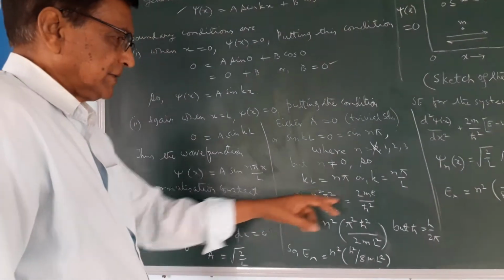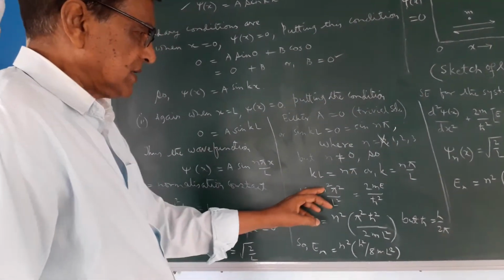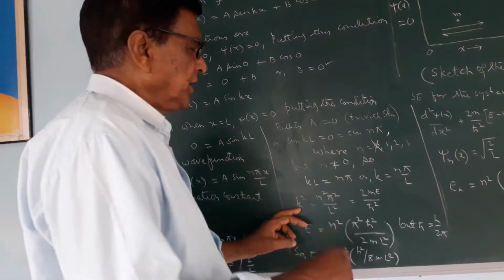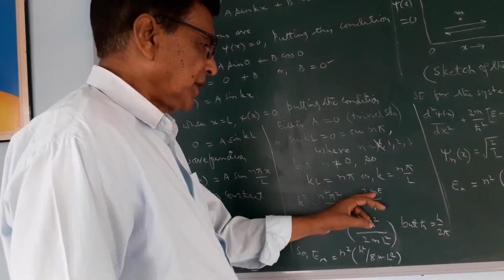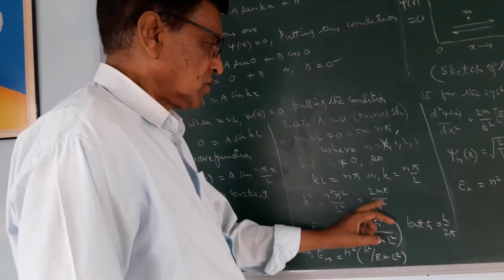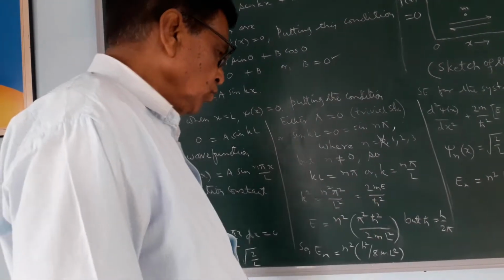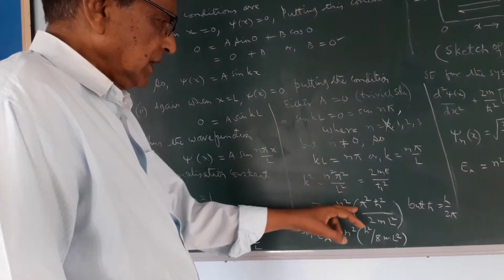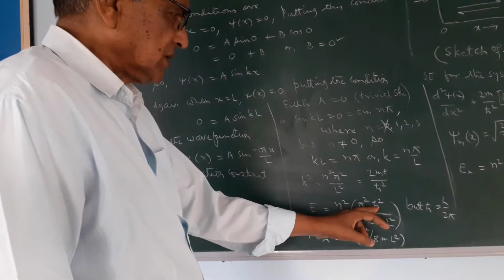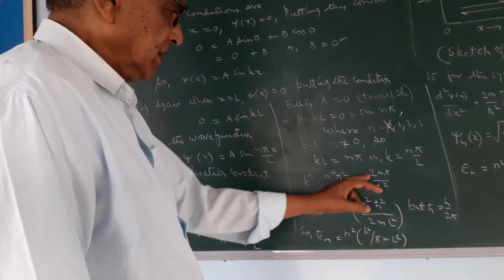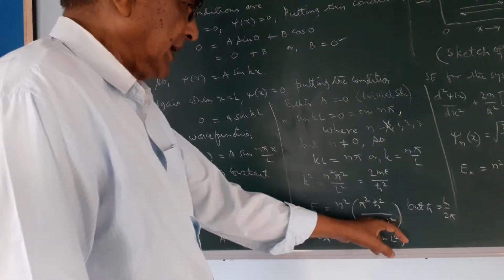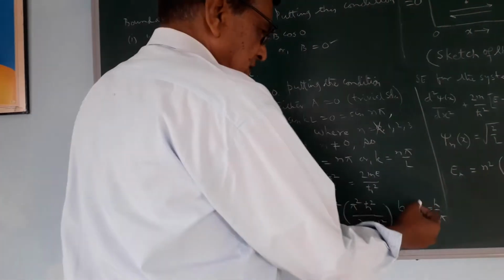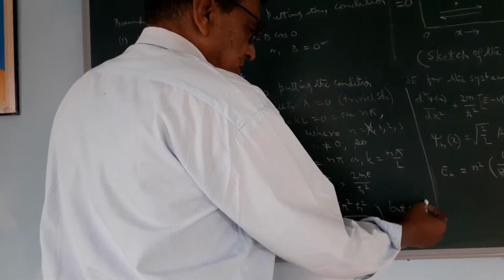So k square equal to n square pi square divided by L square, but k square we have already taken as 2mE by h cross square. So equating, this energy equal to n square pi square h cross square divided by 2mL square. Better, instead of h cross we write h by 2 pi.